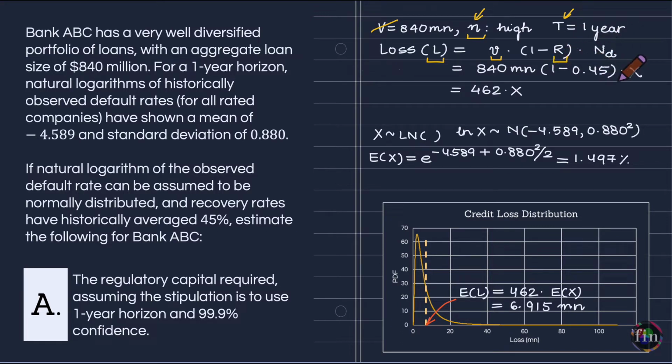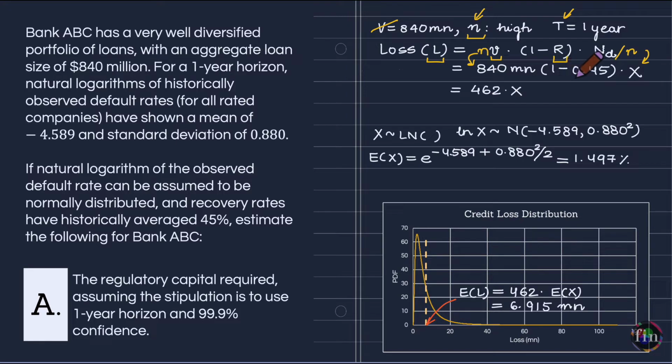Let's divide this by the total number of borrowers and multiply this by the number of borrowers. So n times V I know is 840 million, the total amount which has been lent out. N sub D divided by N, let's replace it with a new random variable X, where X denotes the default rate: the number of borrowers defaulted divided by total number of borrowers.